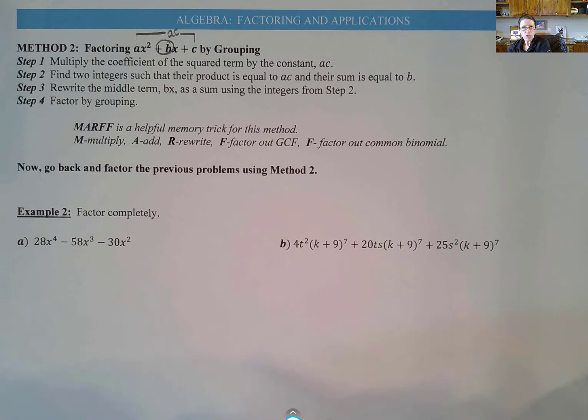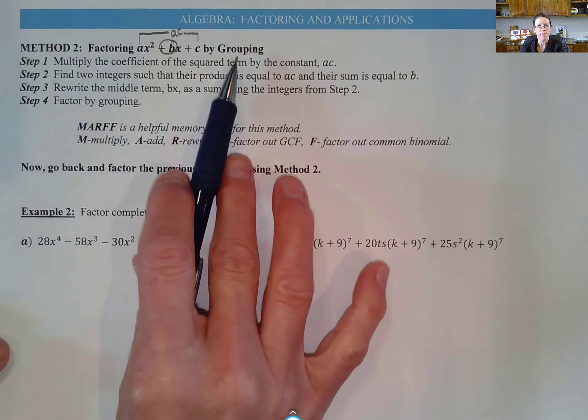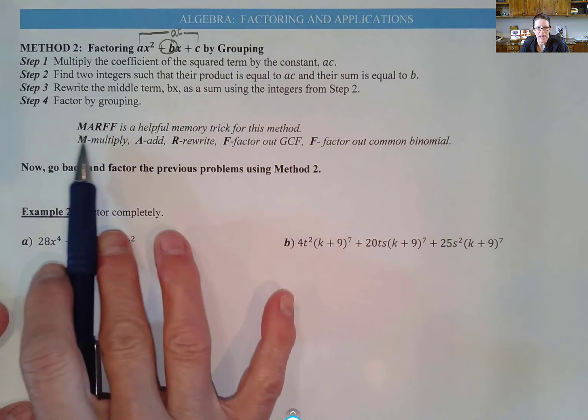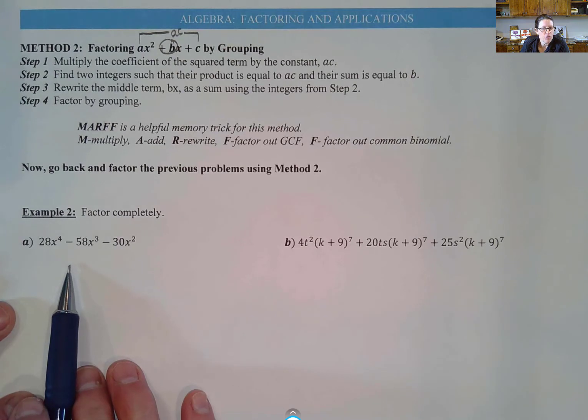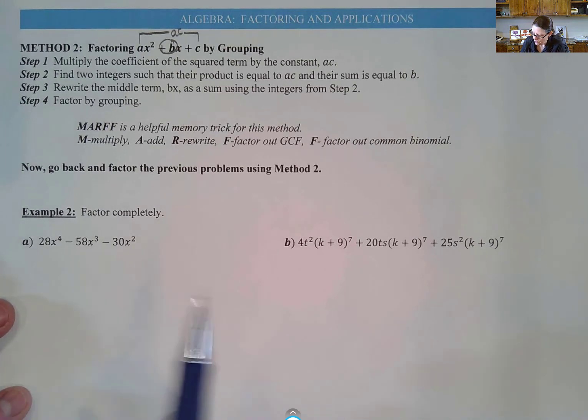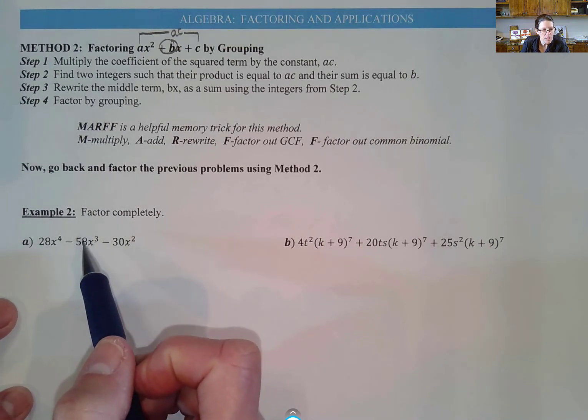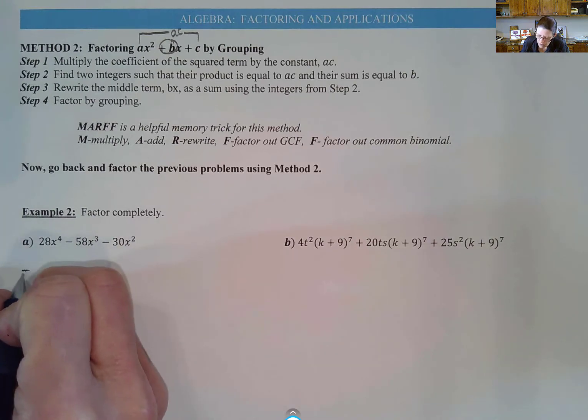Now let's look at example 2, where we want to factor completely. And we do always want to look for a greatest common factor when factoring. These three terms are all even, so we know there's a common factor of 2, and they all three contain x squared.